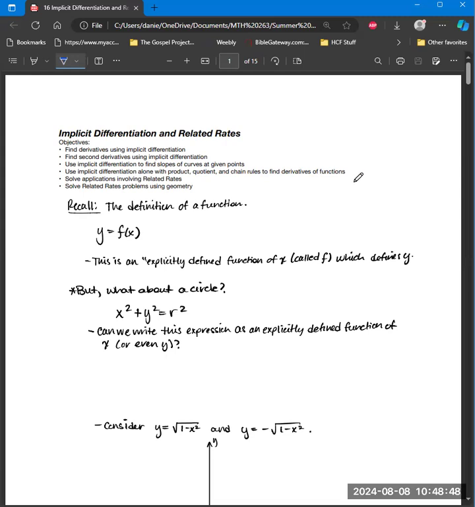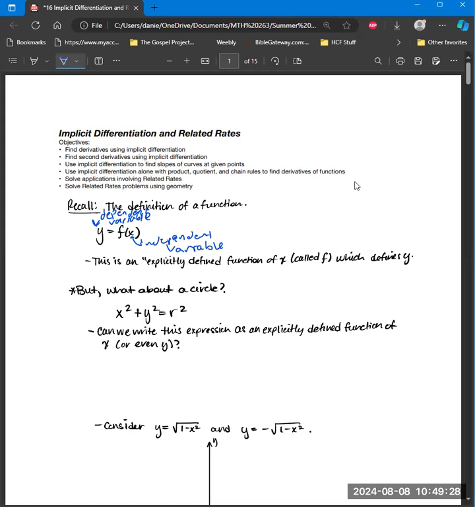So let's go ahead and talk for a second about what we mean when we say implicit versus explicit. Recall the definition of a function: y equals f of x, where y is our dependent variable and x is our independent variable. For each x, there's only one y.